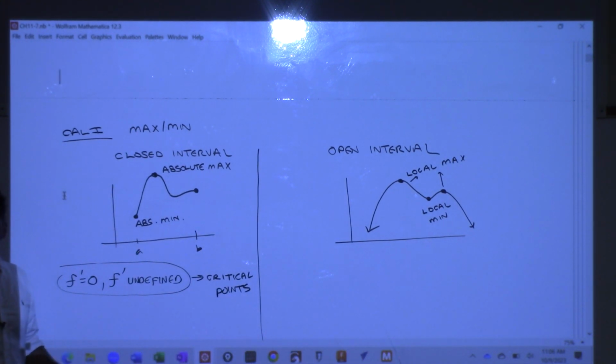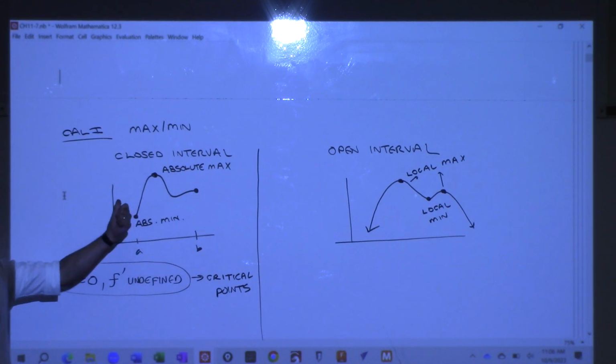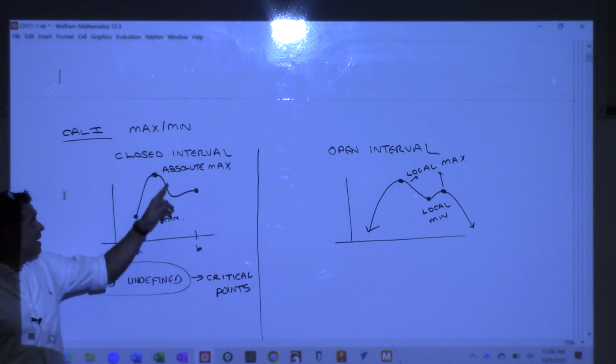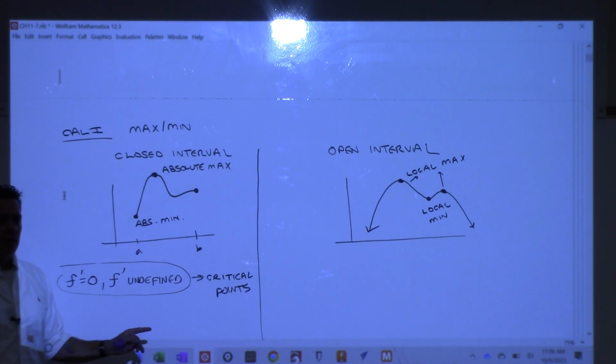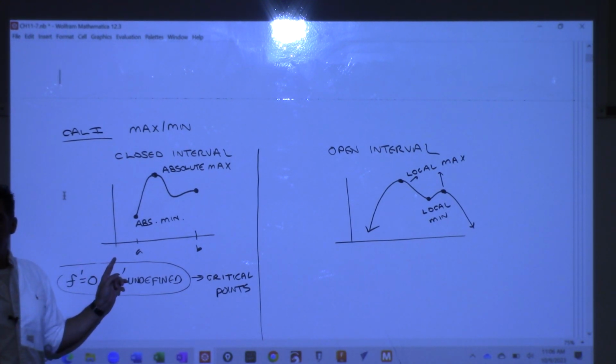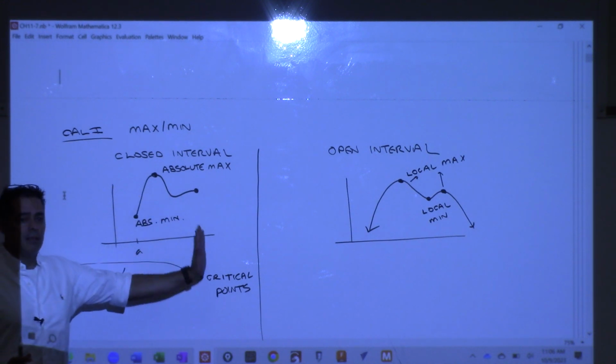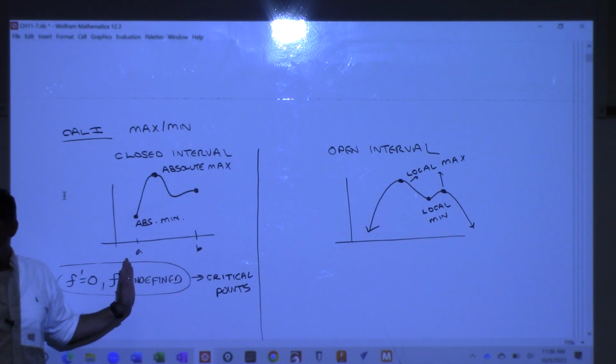Do y'all remember what to do once you find the critical points when you're doing this? Plug the critical points back into the original function, and what else do you have to plug back in? Not only the critical points, but also the what? The two endpoints. Okay?